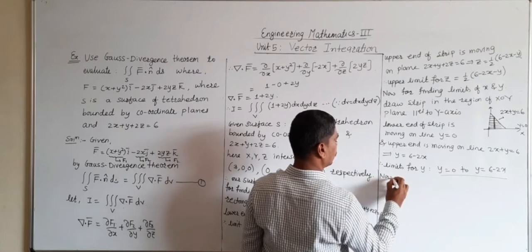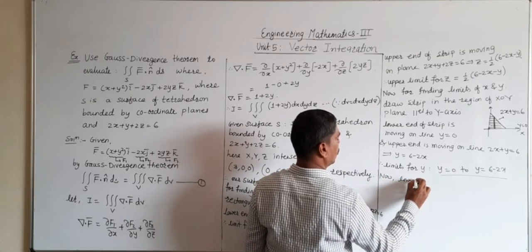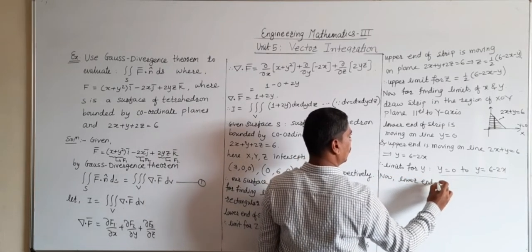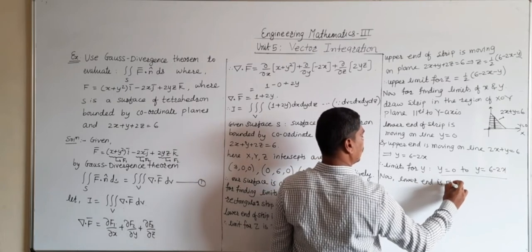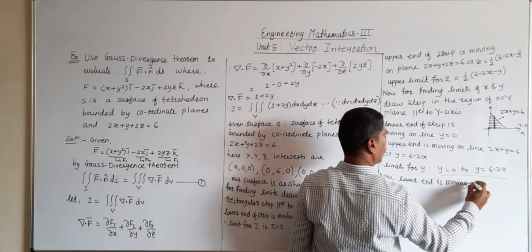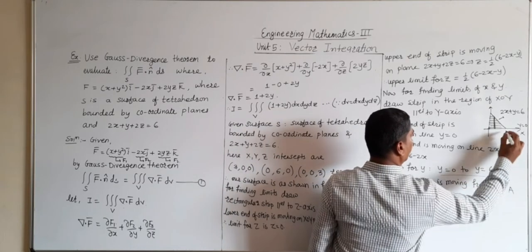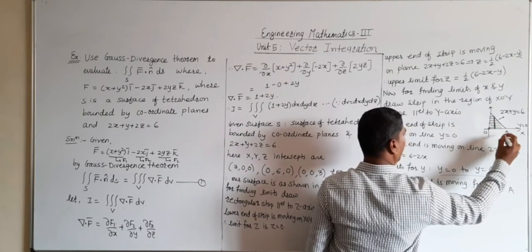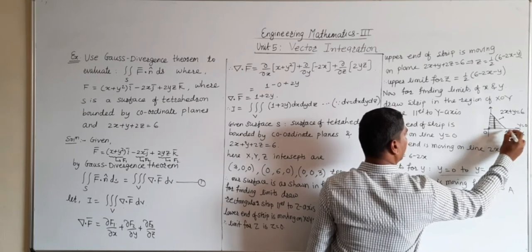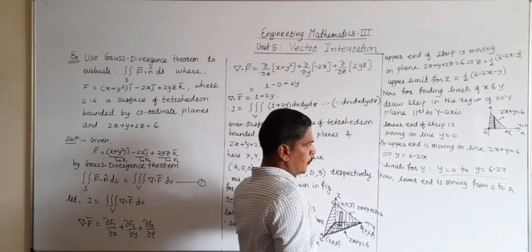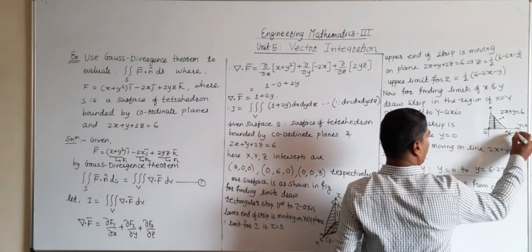Now, the lower end is moving from point O to point A. Coordinates of A: the y coordinate is 0 because this point is on the x-axis.